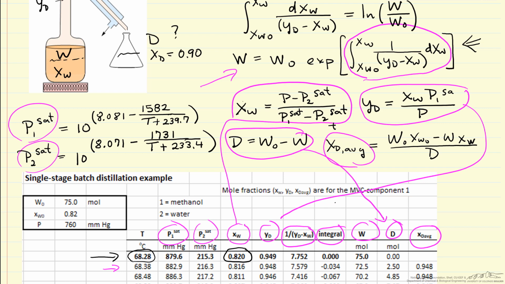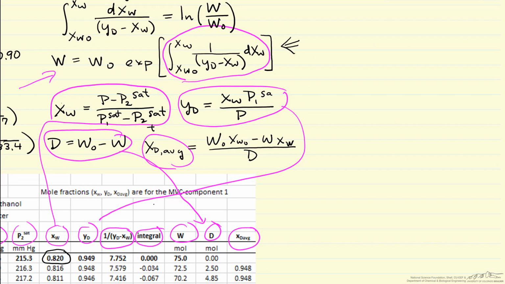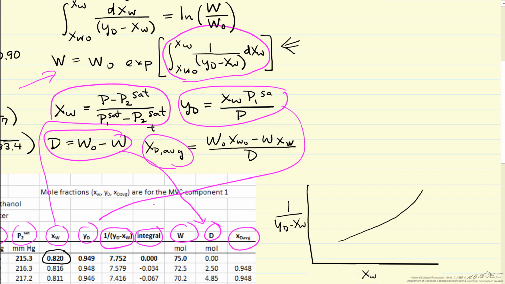So let's talk a little more about this integral. If we were to look at a plot, our variable is XW, the mole fraction in the still, and we're integrating 1 over YD minus XW. Let's say the function looks something like this. We're starting at a high concentration, XW0, and with a small step you can see XW decreased for our first step.